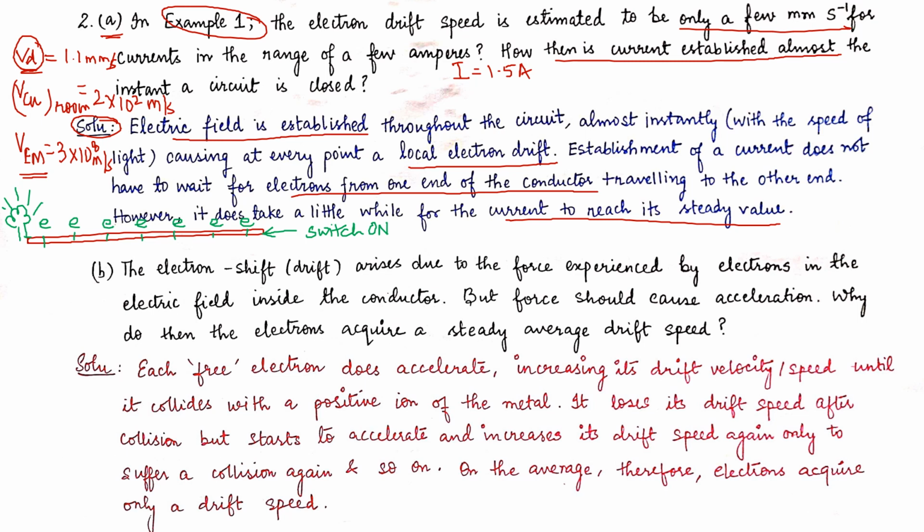How is that happening? An electric field E is generated in the direction opposite to the motion of the electrons. Electrons try to drift in the opposite direction, and E here is from left to right.